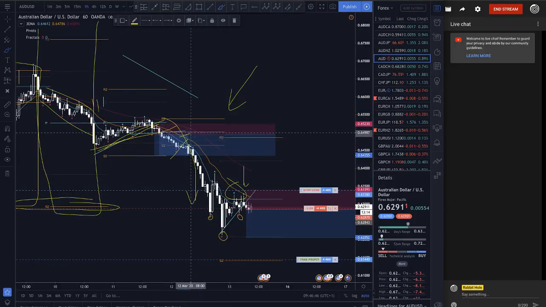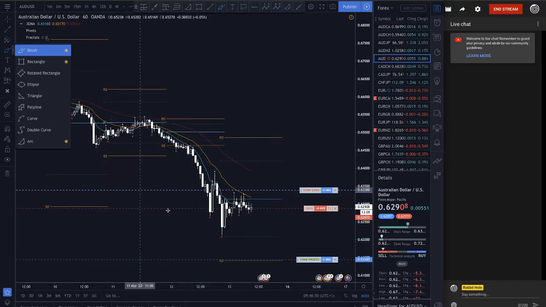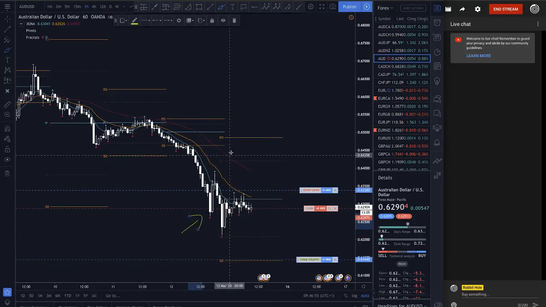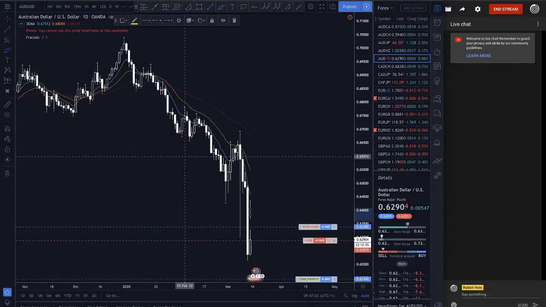It never gave us a signal, but we got this nice pullback, and it ran down. Now that we will apply on our higher time frame. Now bear with me.